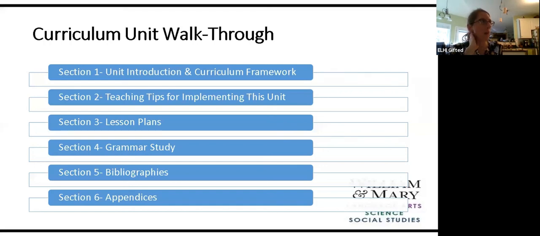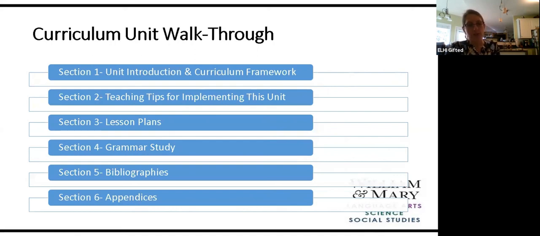So we had math specialists sometimes talk to the kids about surveys and things like that. So there's opportunity to collaborate with peers. And then there's just some samples in here of rubrics and other items you can use with the students.